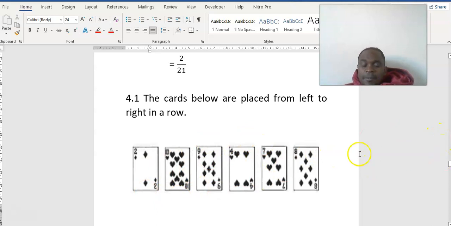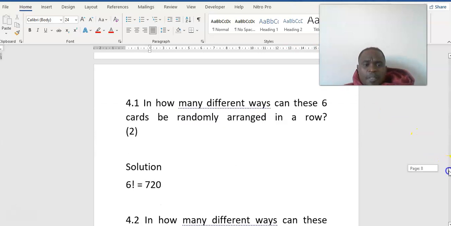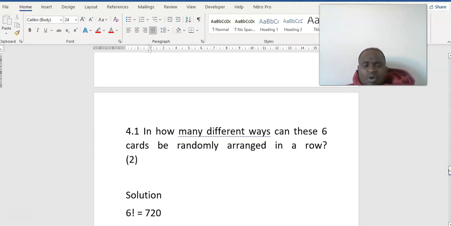In how many different ways can these 6 cards be randomly arranged in a row? Now check this: 1, 2, 3, 4, 5, 6. This card, how many ways can we arrange it? This may come first, this may come second, and it follows like that. How many ways? If you do it practically, it's going to take long.